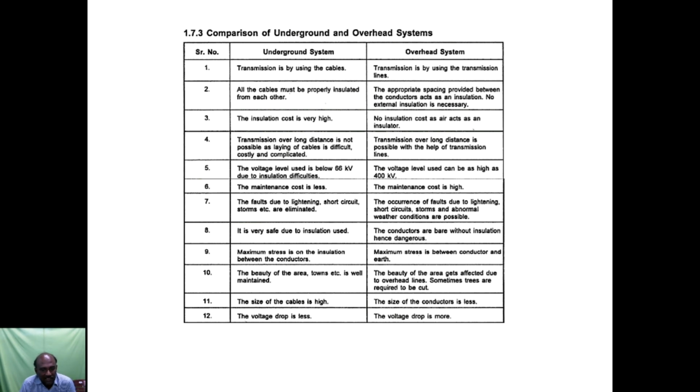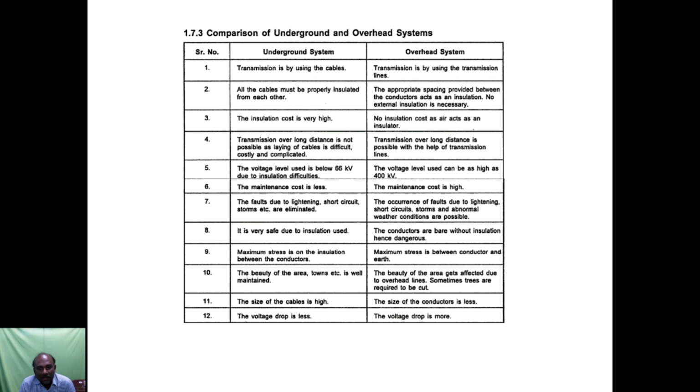Maximum stress is on the insulation between the conductors. The stress on insulation is very high in underground, with the maximum stress between conductor and earth. The beauty of the area and towns is well maintained, and the complexities and congestion are reduced in underground.